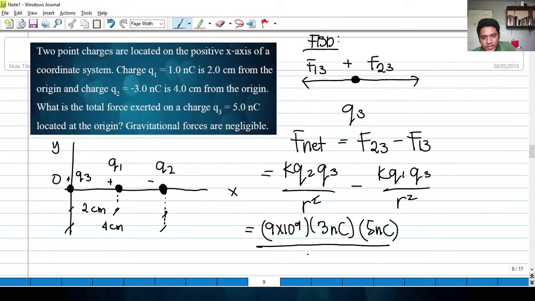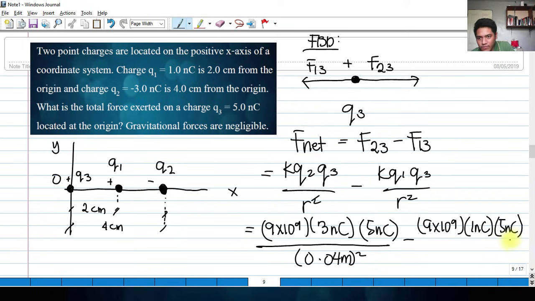Converting it into meters, that is 0.04 meters squared, minus 9 times 10 raised to 9 times Q1, which is 1 nanocoulomb, times Q3, which is 5 nanocoulomb, divided by the square of the distance between Q1 and Q3. Q1 is 2 cm away from Q3, so that is 0.02 meters squared.